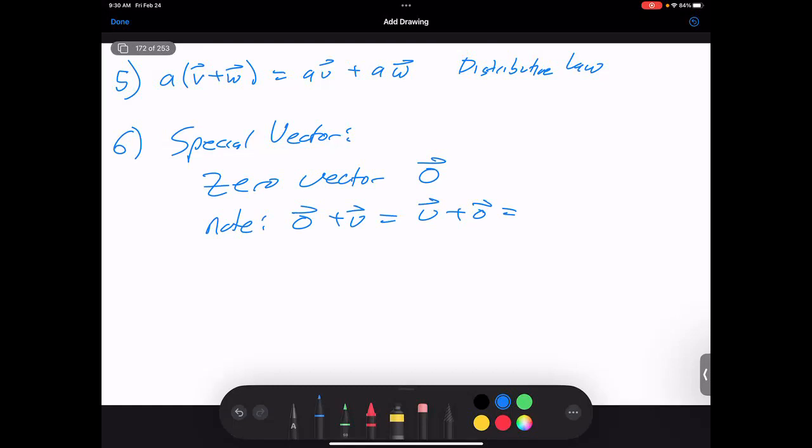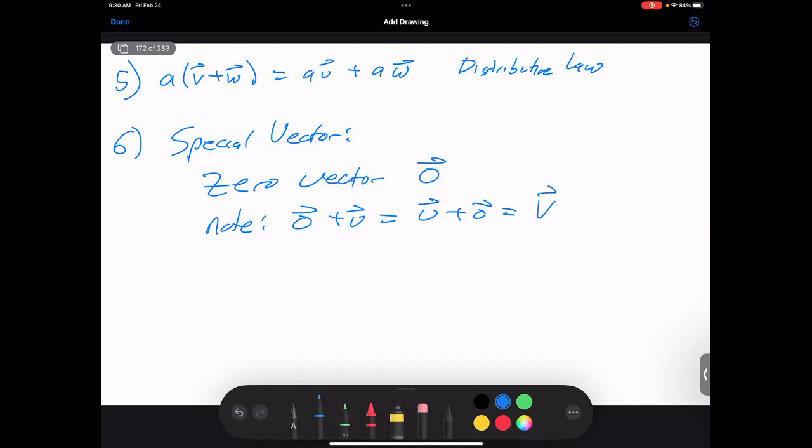Not 0. So we take v and add 0 to it. What should we get? We should get back 0 plus v. But if I take a vector and I add 0 to it, what should I get? I should just get back v. So this should basically not change anything.